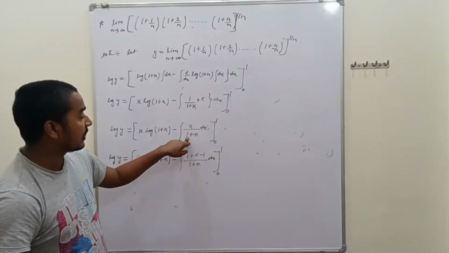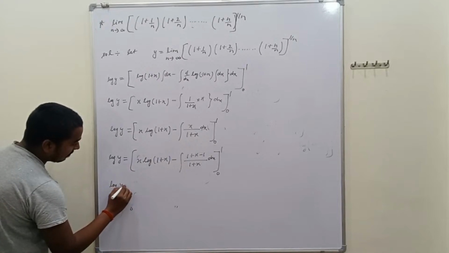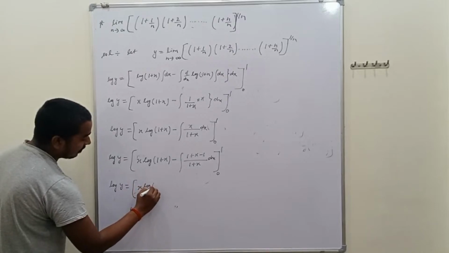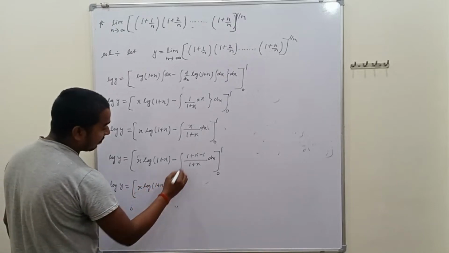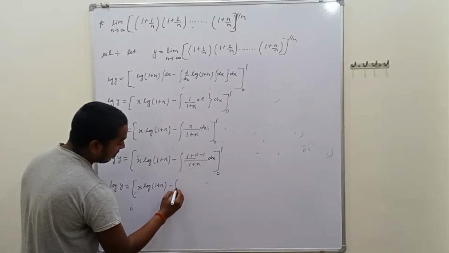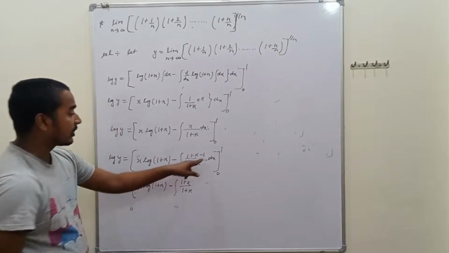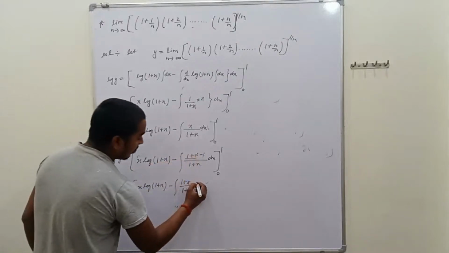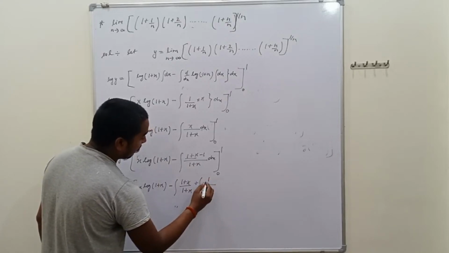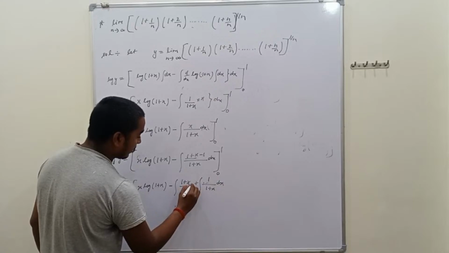We have to solve the integration, further we have to modify it. From here, log y is equal to the integration of the bracket x log(1 + x), and from here we have to write, taking the first part into the denominator, that is minus the integration of (1 + x) upon (1 + x), and we have to take minus, and minus is plus, that is plus the integration of 1 upon 1 + x. This is also dx, and here is also dx.